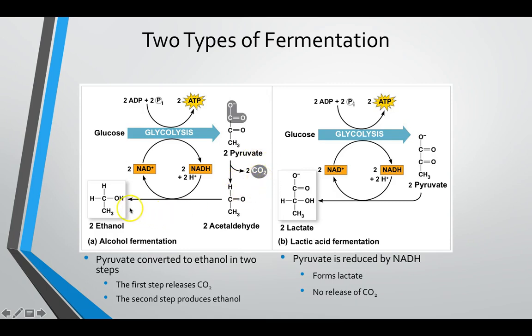So you end up with 2 ethanols and 2 carbon dioxide. Lactic acid fermentation's job is only to reduce nicotinamide to NADH. And by doing so, you end up with 2 molecules of lactic acid, often called lactate. There is no carbon dioxide released in lactic acid fermentation.